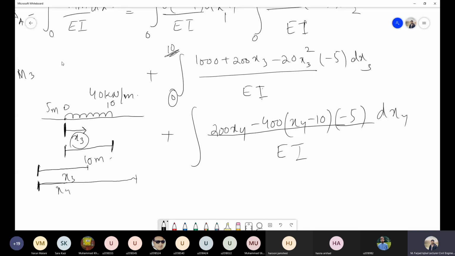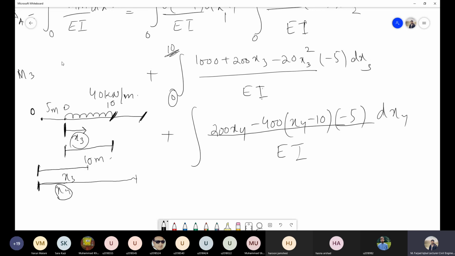So what will be the limits for this section, this x4? The 0 to 5. Why 0 to 5? So after the UDL, x4 is in meters. x4 is starting from this point. So from the point, whatever is our reference will be always 0. So 0 is this point for x4, right?